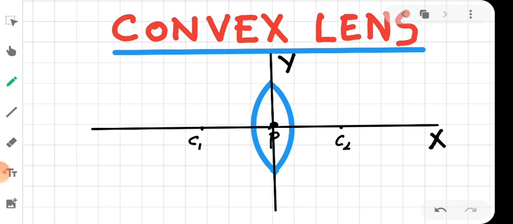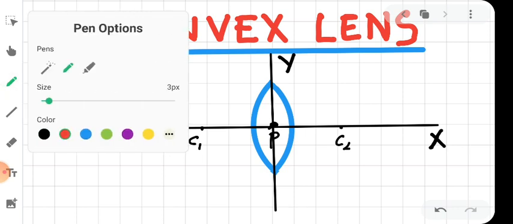These are conventions, so remember them.